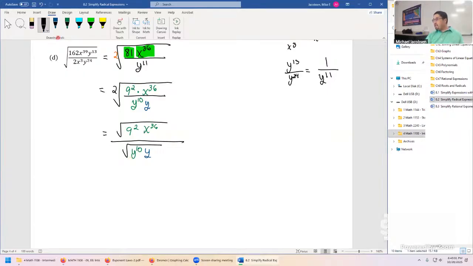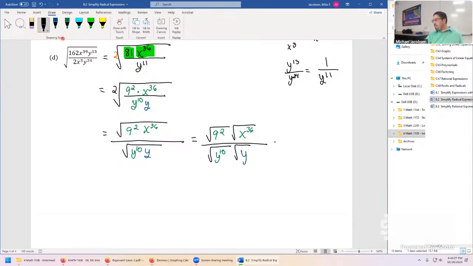Then you could rewrite it even further. If you took this additional step, you could rewrite this as square root 9 squared times the square root x to the power 36. We could split up the denominator as well as the square root y to the power 10 times the square root of just y.